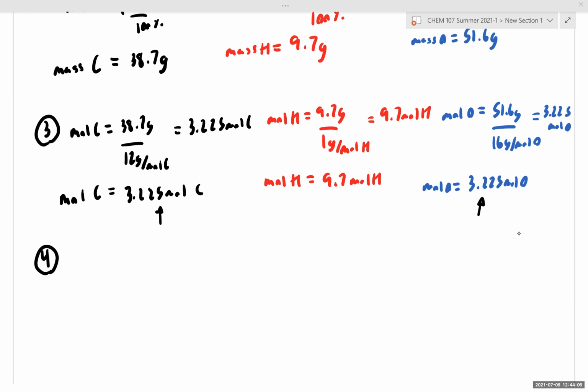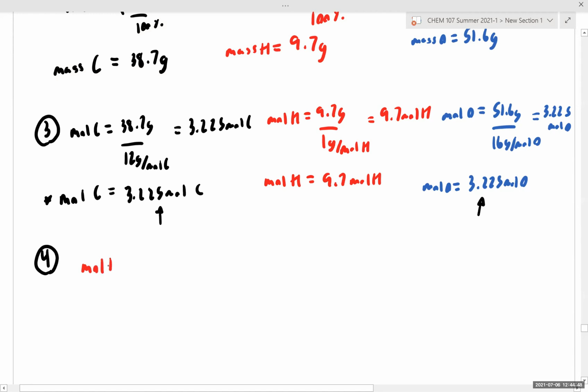So in this case, I'd like us to indicate which element has the smallest number of moles. What are we going to divide our moles by when we take our mole to mole ratio? Carbon, hydrogen, or oxygen? We can pick carbon or oxygen. So let's arbitrarily pick carbon.